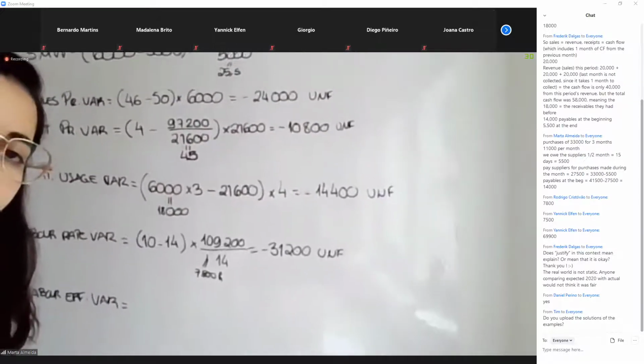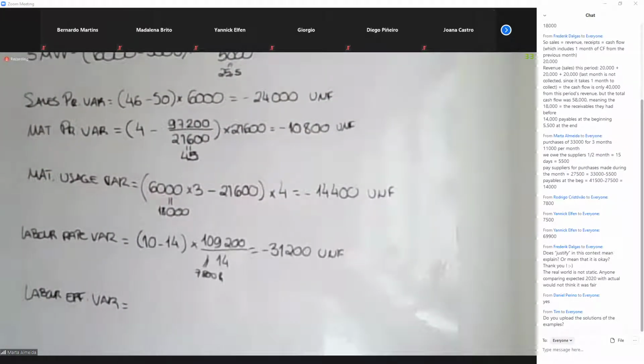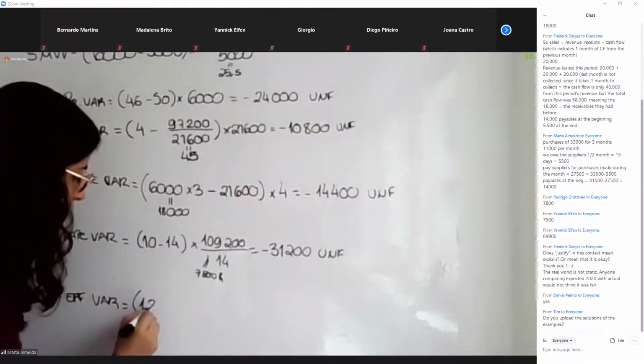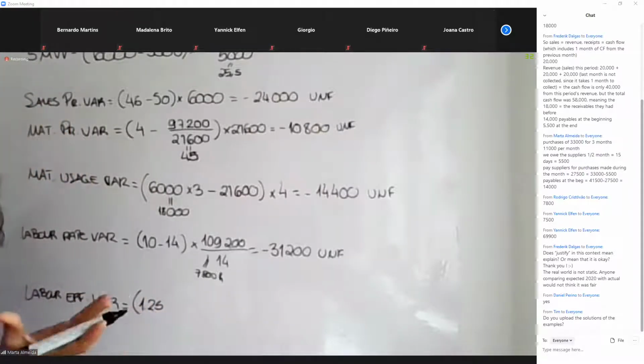Yeah. The efficiency variance is equal to the budgeted labor hours for the actual output, so the quantity that we have in the flexible budget, minus the actual labor hours consumed. So in the flexible budget, we expected to spend 1.25 hours per unit.